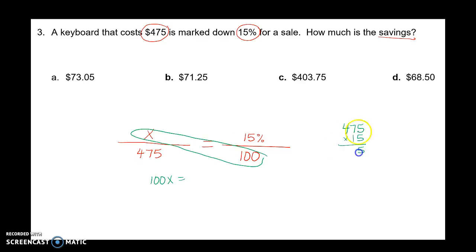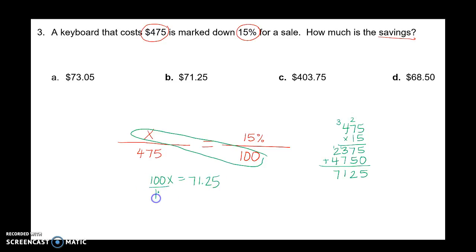So 475 times 15. 5 times 5 is 25. 5 times 7 is 35 plus 2 is 37. 4 times 5 is 20 plus 3 is 23. Put a 0, 5, 7, 4. Add it all up. 5 plus 7 is 12. 10, 11. 4 plus 2 is 6, 7. So 71.25.